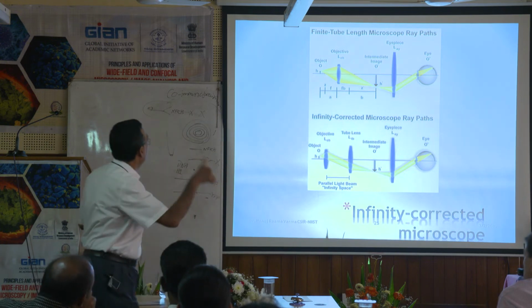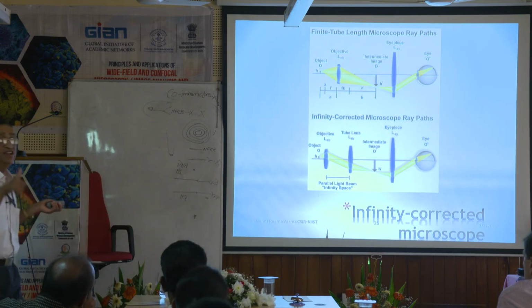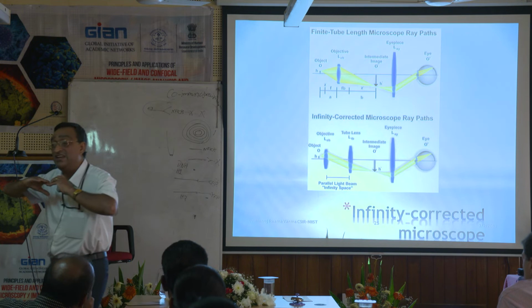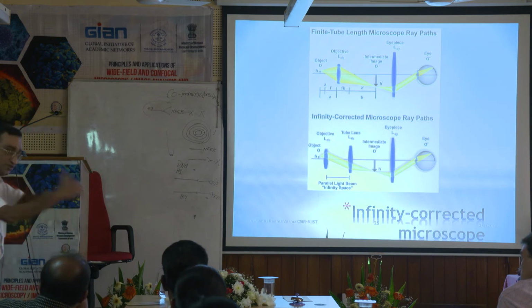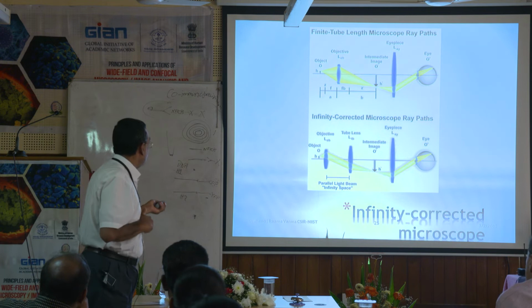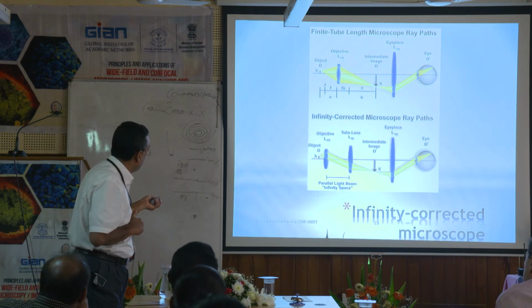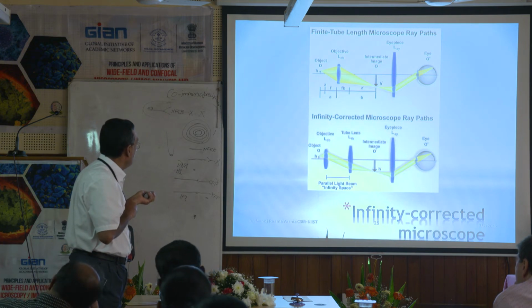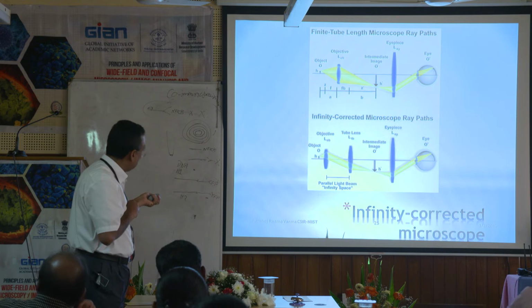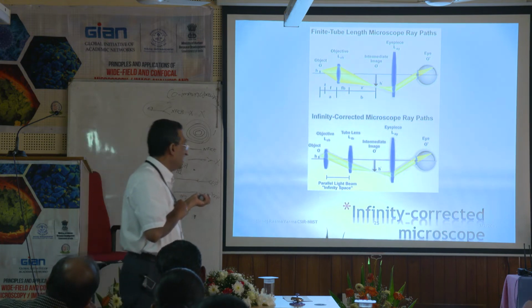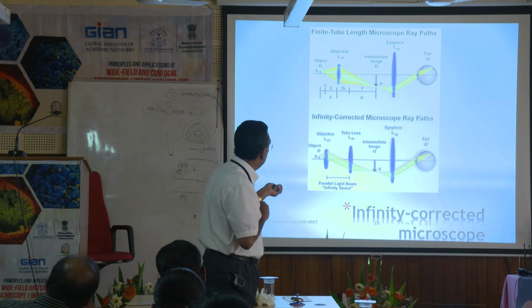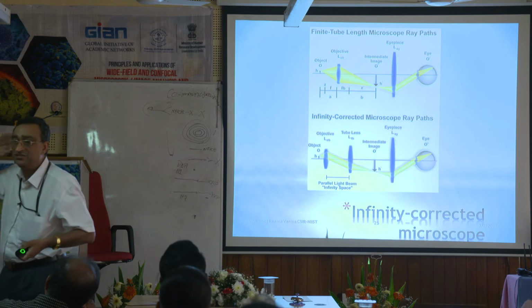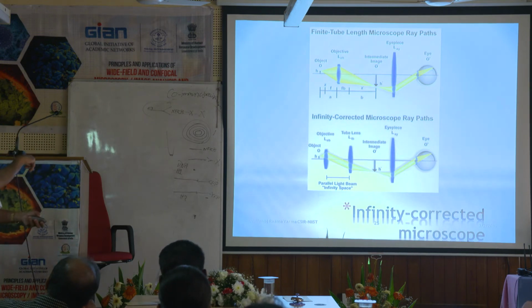Therefore, we call this microscope an infinity corrected microscope. Even though your object is at a finite position, we introduce the condition of infinity by putting it very close to the objective, between the focal point and the pole, producing a train of parallel rays which you focus onto the intermediate image plane, and then you view using an eyepiece so that your final image is viewed or photographed. This is called an infinity corrected microscope. Am I right?